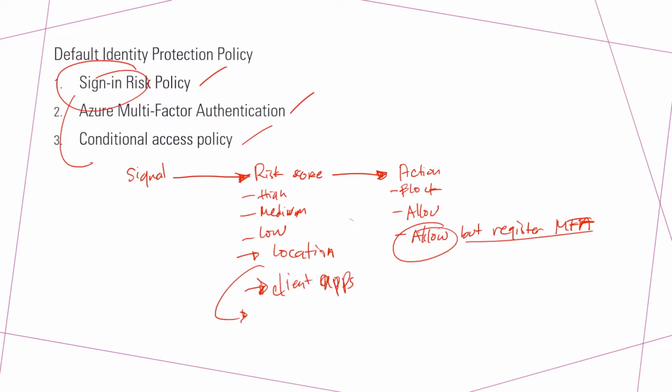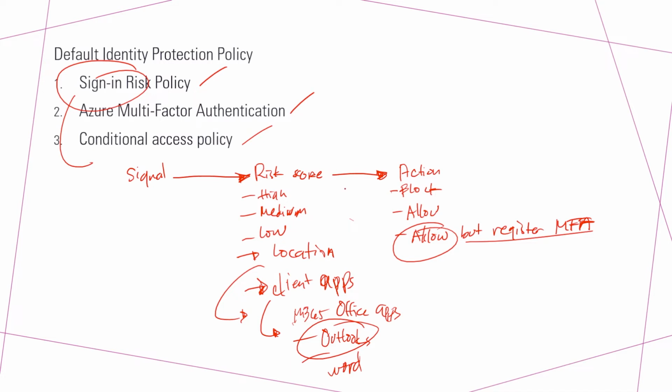It could be IP ranges that you set. Let's say you have multiple offices, you could set multiple locations as trusted locations. And then client apps, let's say the M365 Office apps. You could say this can only be set on Outlook apps, so that's going to be specific to Outlook, but not Word.